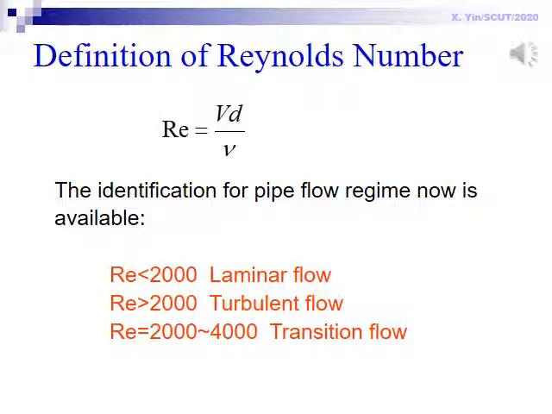Thus we can find the flow region in a certain tube by the comparison as written in red words. Maybe in some textbooks you see the criterion is 2300 or 2500. It's okay, there's no essential difference. It belongs to personal preference.